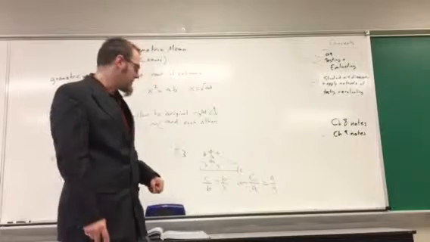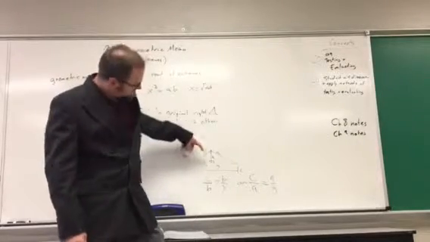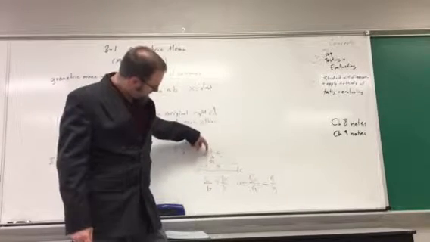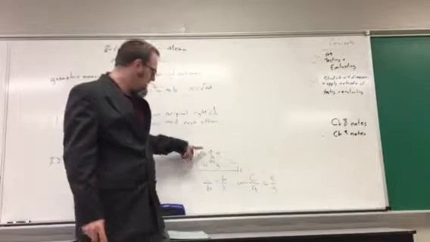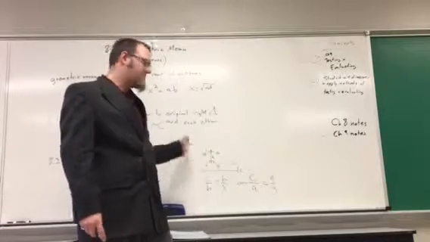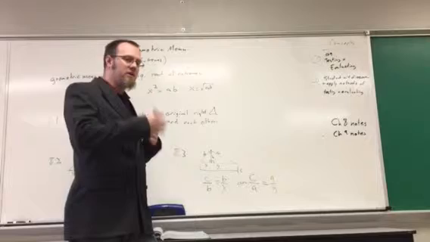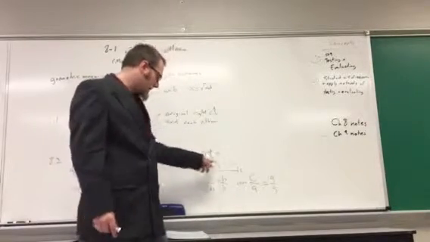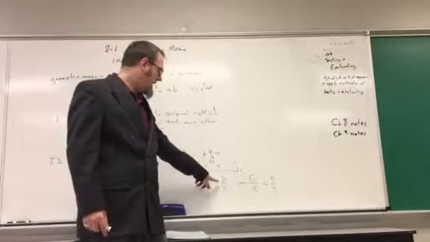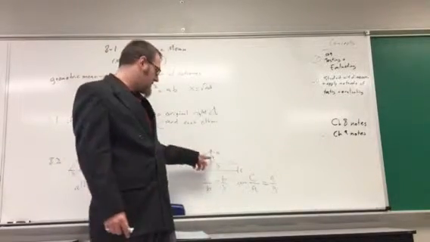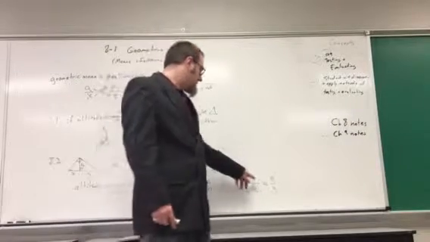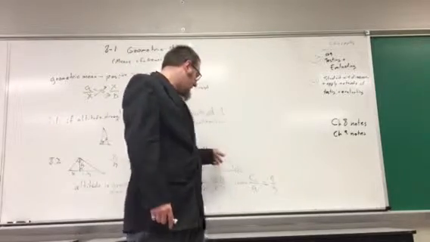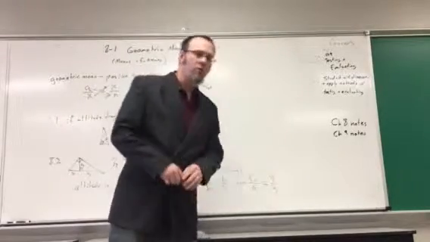This is the hypotenuse of my original. So I say that this leg is to this hypotenuse as this leg is to this hypotenuse, and it has to be the one on the side that it's been cut from. So C, the whole hypotenuse, X plus Y, is to B as B is to X, the portion, or C, the whole hypotenuse, is to A as A, the leg on this side, is to Y.